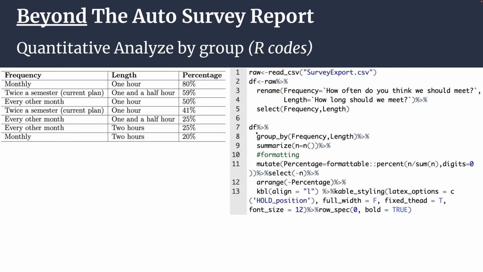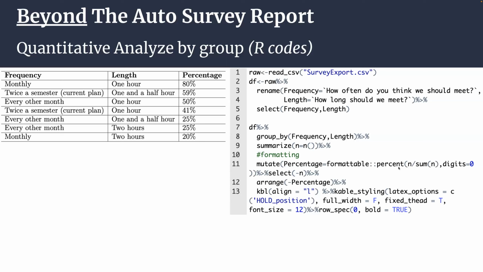So the last block of code is where the magic happens. We group our data by frequency and length, which is this line, group by. This function is very handy when we want to group our data by several different variables. In this case, it's frequency and length. We count the occurrences using this summarize function, and then we calculate the percentages.